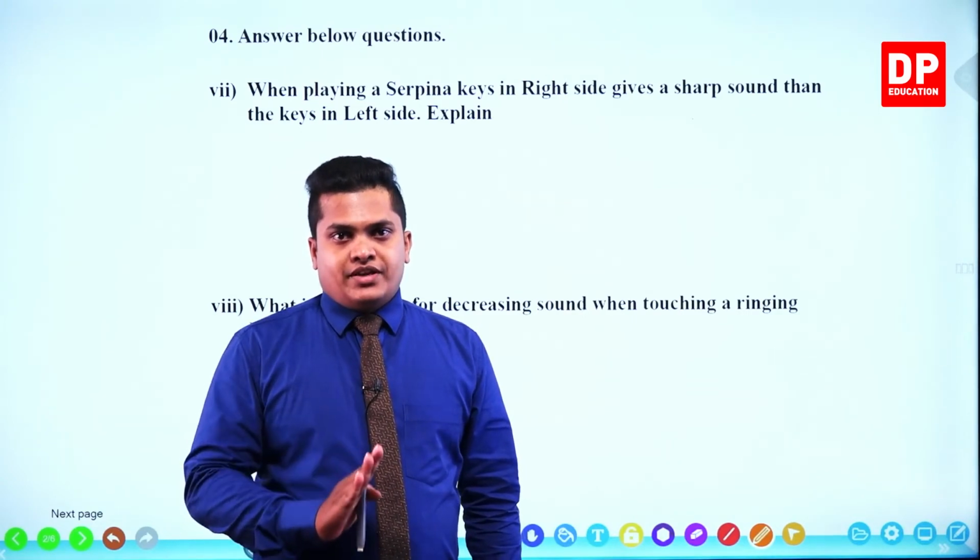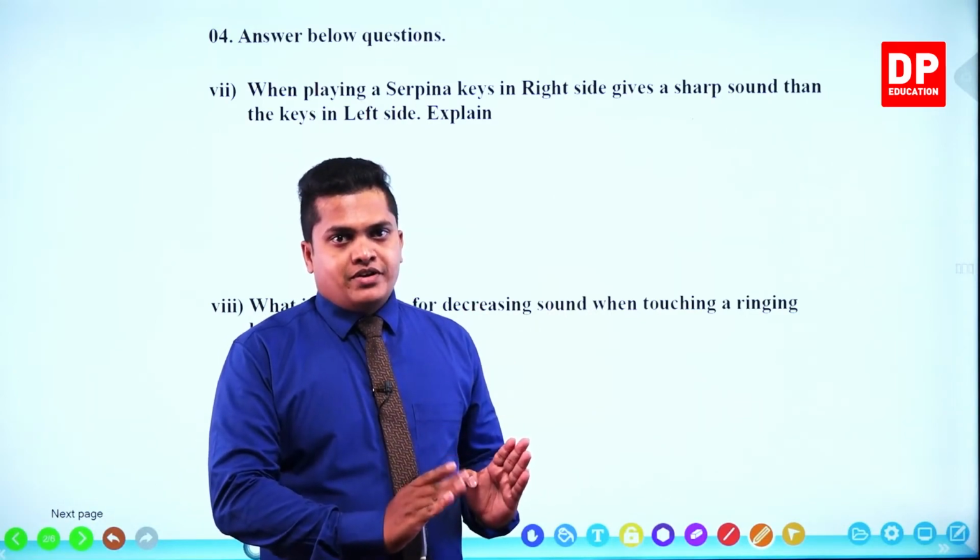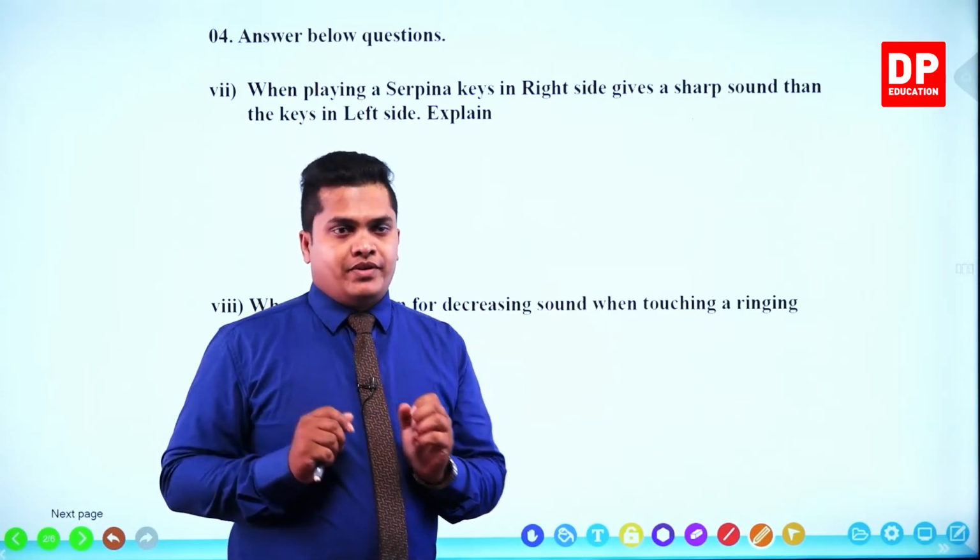That's the main reason for creating two different sounds, one with less sharpness and one with high sharpness.